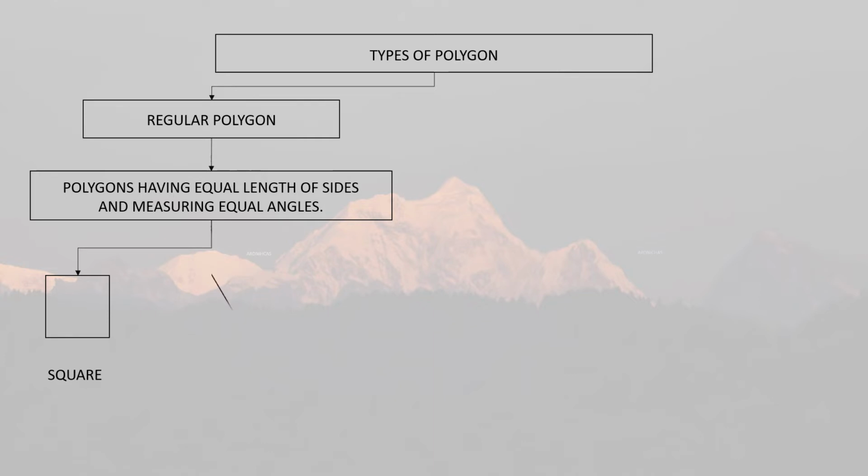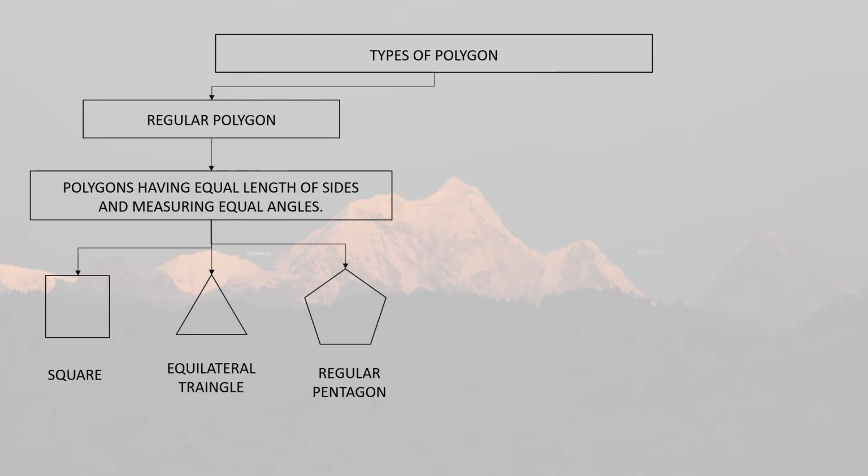We have a triangle, which is also called an equilateral triangle, where all the sides are equal and each angle is 60 degrees. And we have a regular pentagon, where all sides are equal and all angles are equal to one another.